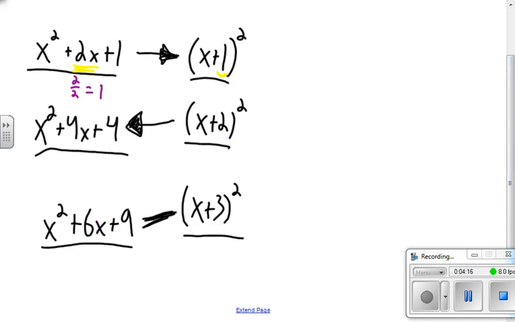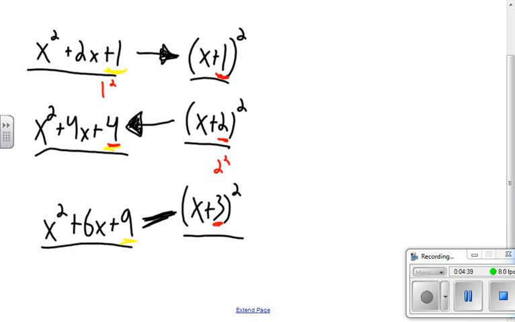Another cool thing to look at is our third value in our trinomial, in this case our 1, our 4, and our 9. Well, 1 is the same as saying this 1 squared. So 1 squared is 1. Over here we have a 2. 2 squared is 4. Same thing as we got here.